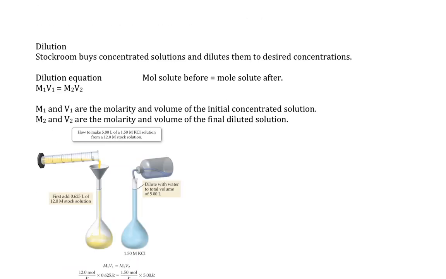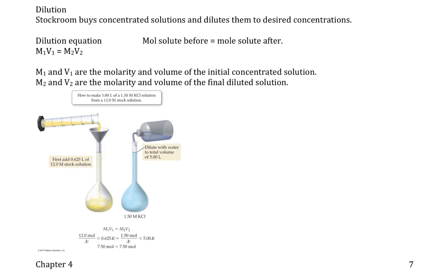Our next section is dilution. The stockroom buys concentrated solutions and dilutes them to desired concentrations later as needed using the dilution equation, which is M1V1 equals M2V2. It turns out that equation is saying that the moles of the solute before dilution equal the moles of the solute after dilution.